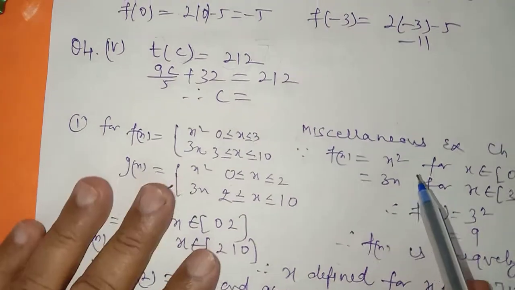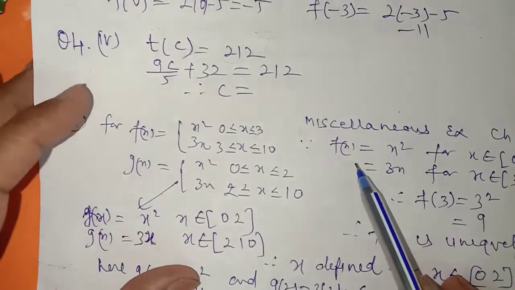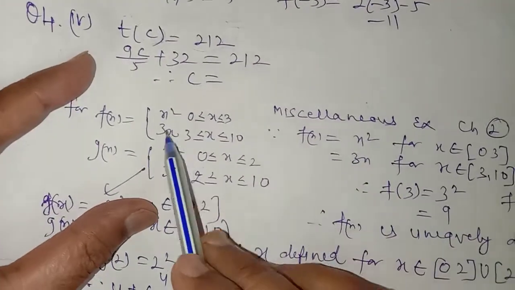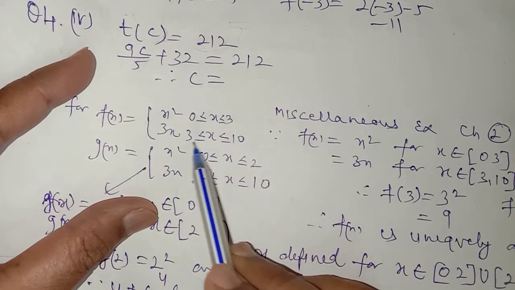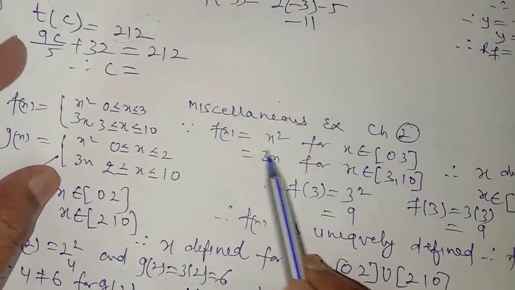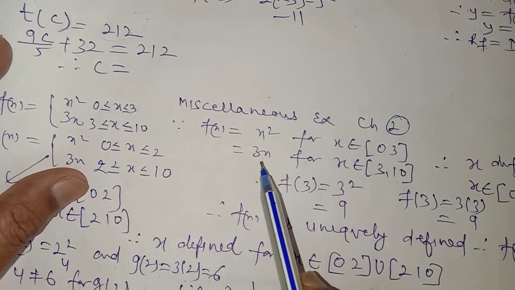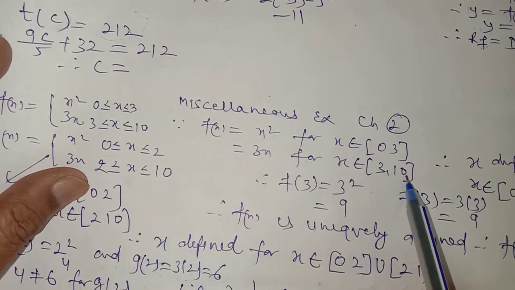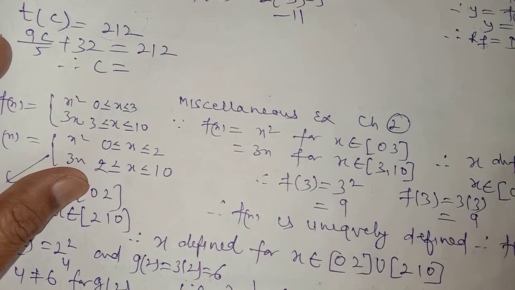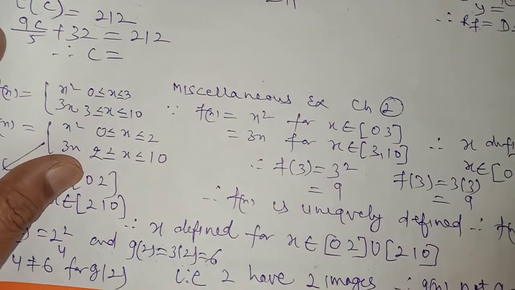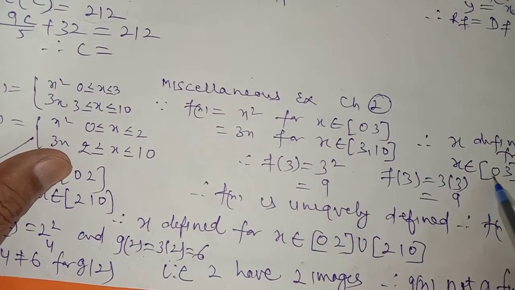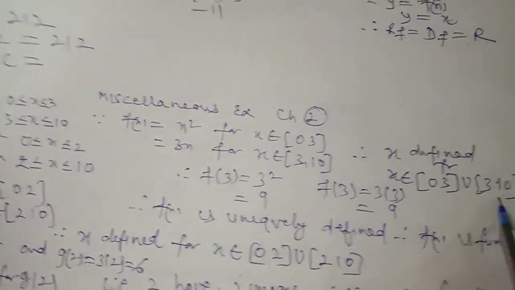So how will we do it? We find the value of f(x) from 0 to 3 and from 3 to 10. Now x square is for x belonging to 0 to 3, and 3x for x belonging to 3 to 10, that is 0 to 3 union 3 to 10.